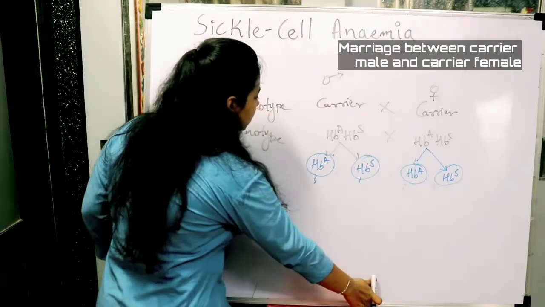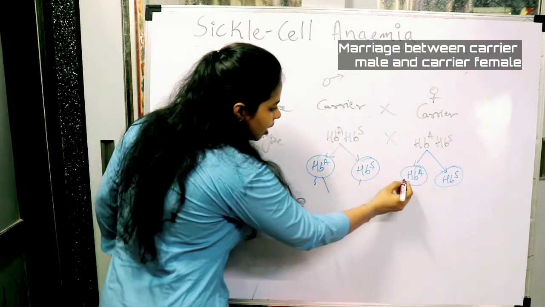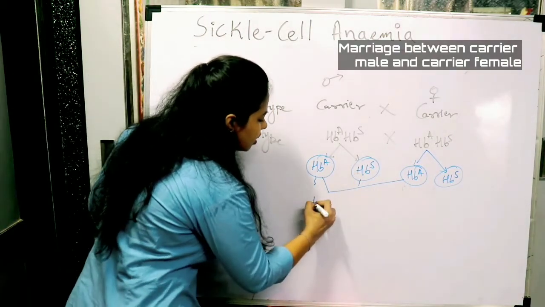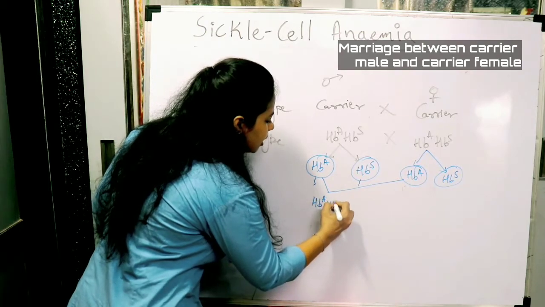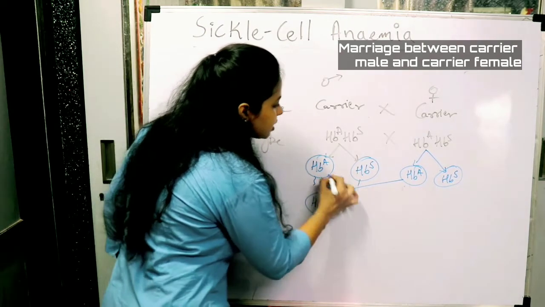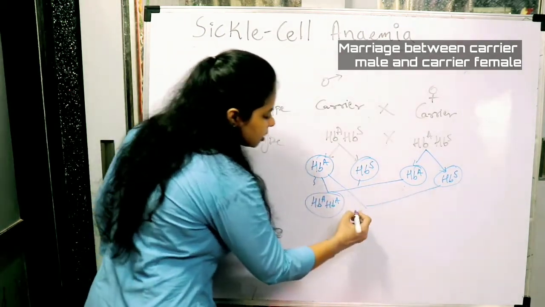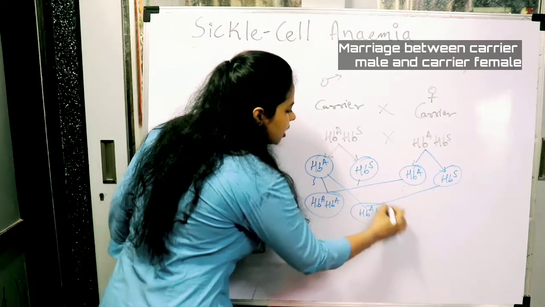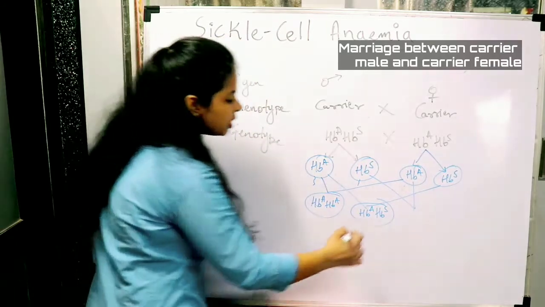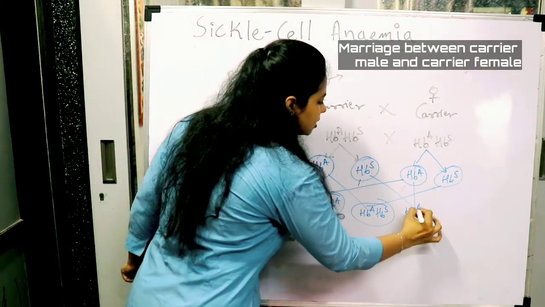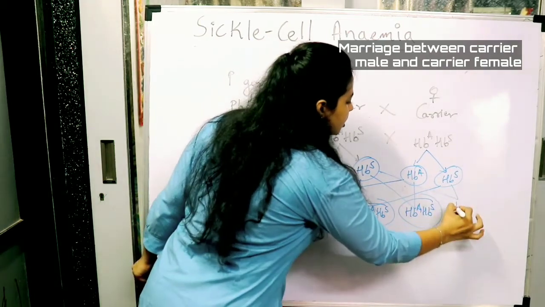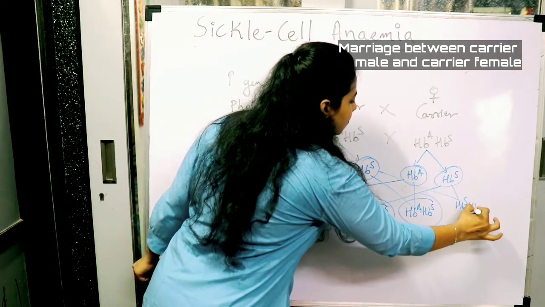Now what happens here? When this HBA sperm fuses with this HBA egg, you get HBA HBA. When this sperm fuses with this egg, you get HBA HBS. Then here you get HBA HBS, and finally you get HBS HBS.